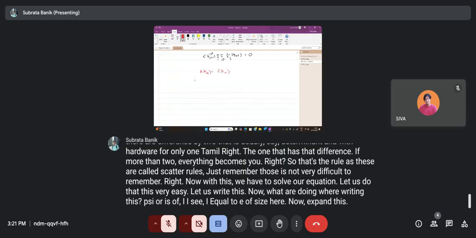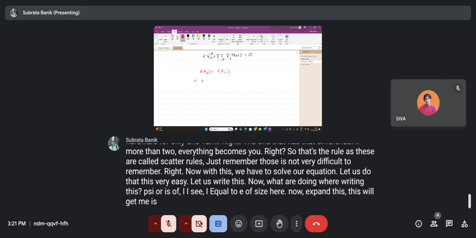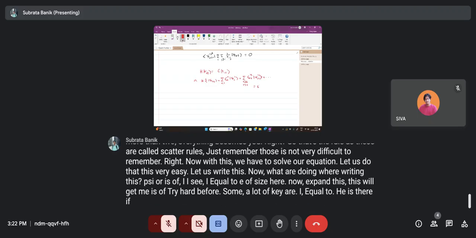Now expand this. This will get me H of psi Hartree-Fock, the sum over a, r of c_a^r psi_a^r, equal to E. If I'm focusing on the ground state, let us write it for the ground state.